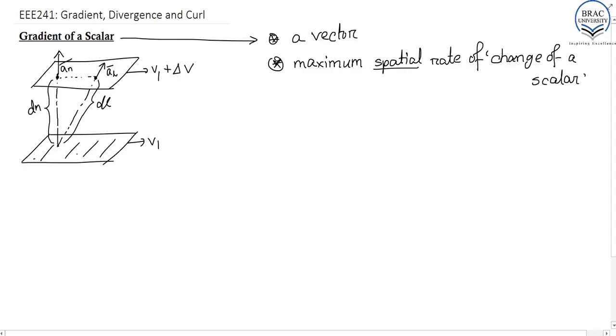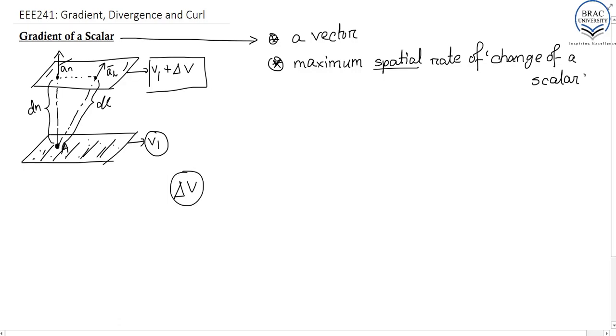So let's say this is an equipotential surface, and on every point on this surface you have a potential equal to V1, and this is another equipotential surface that has a potential equal to V1 plus del V. Potential difference of del V separating those two equipotential surfaces.